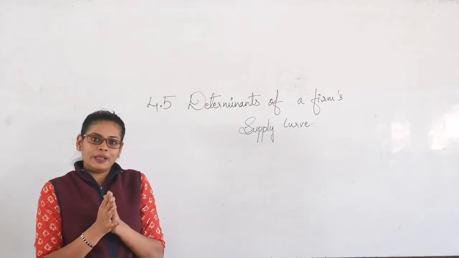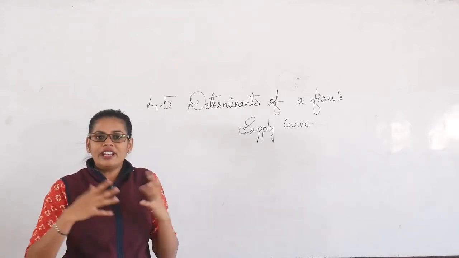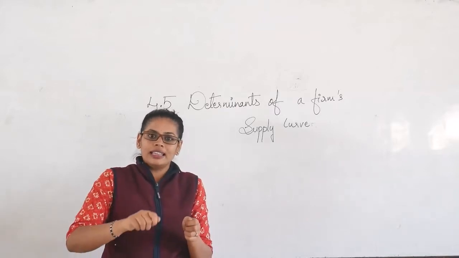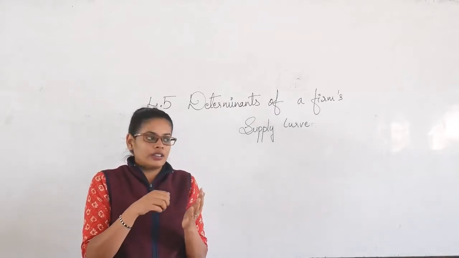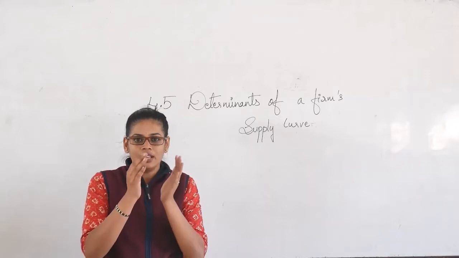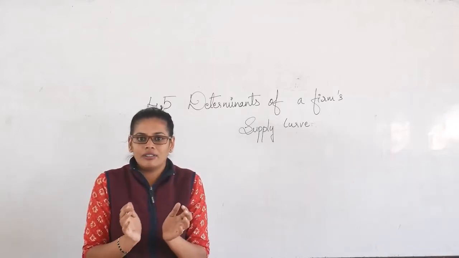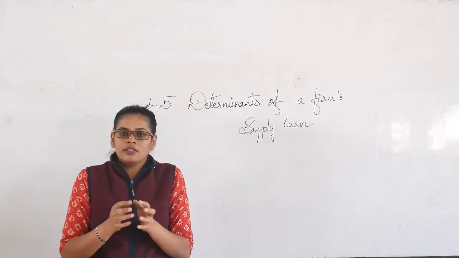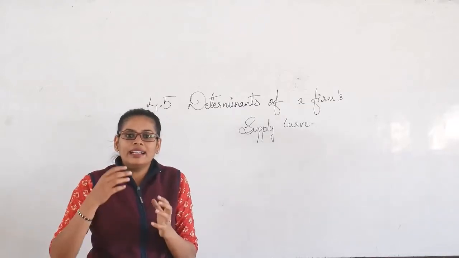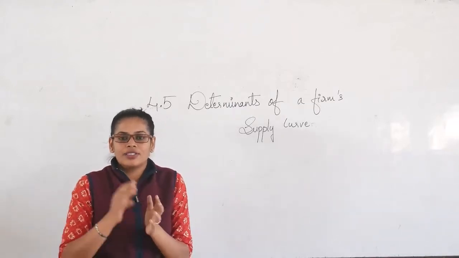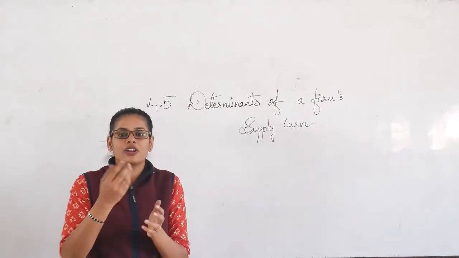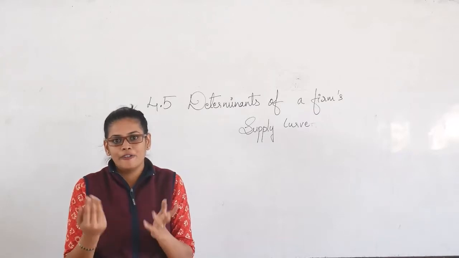Let's say, for example, the raw material. We didn't have any technology, so the labor used to cut the leather or the fabric according to the particular shoe size. How accurately can that labor cut? There may be minute mistakes or maybe major mistakes, because of which the raw material used to get wasted.